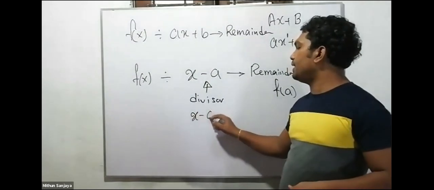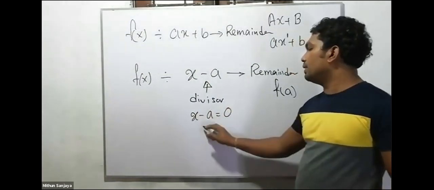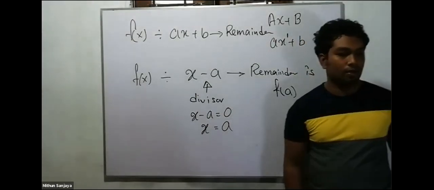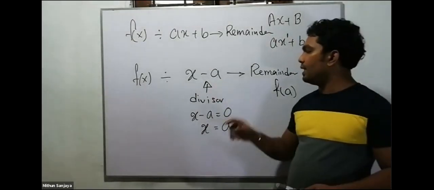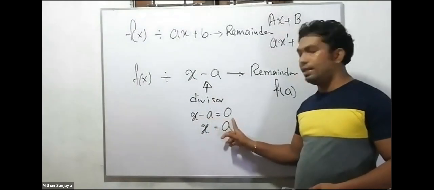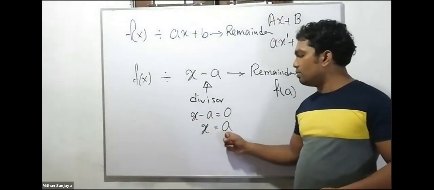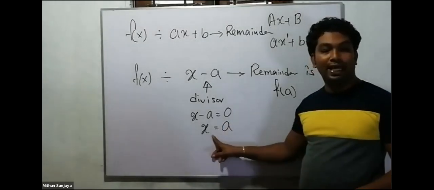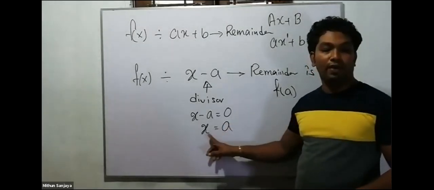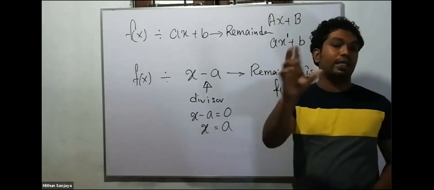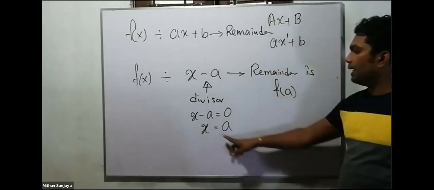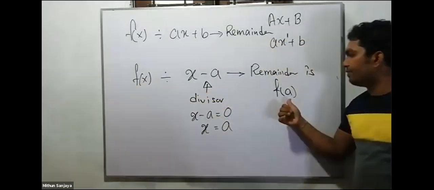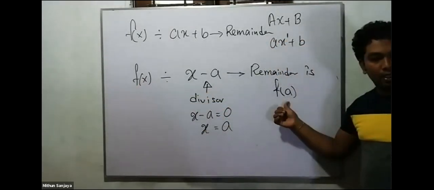We equate that divisor to 0, then find the value of x. We substitute that value of x into the function, so x equal to a gives f(a).